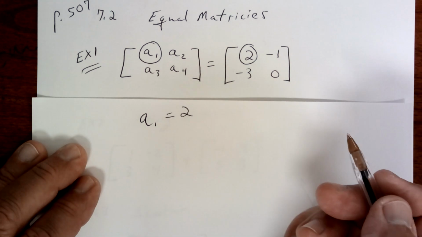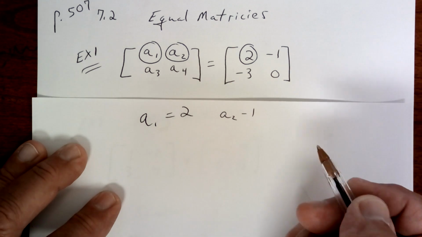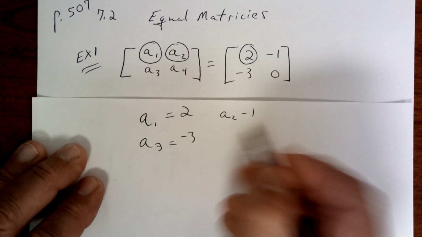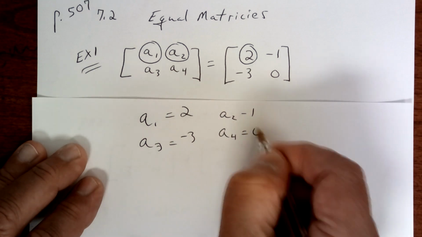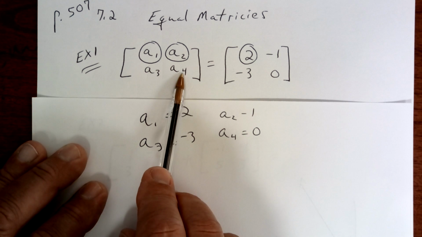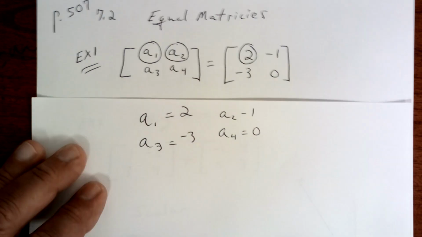And A2 would have to be the same as negative 1. And A3 would have to be the same as negative 3. And A4 would have to be the same as 0. If every element in this matrix is equal to this one in the corresponding positions, then they are said to be equal matrices.